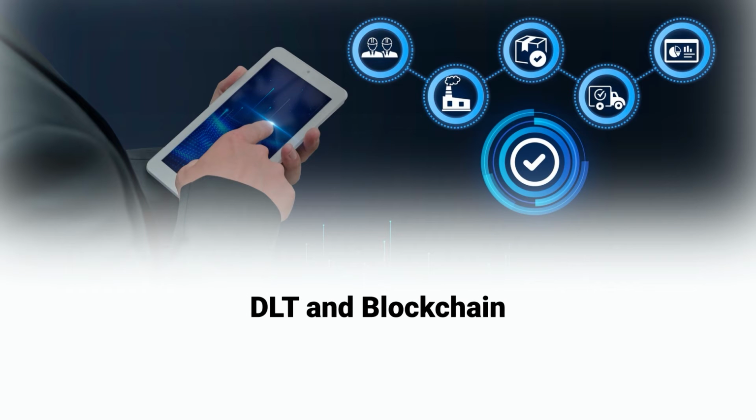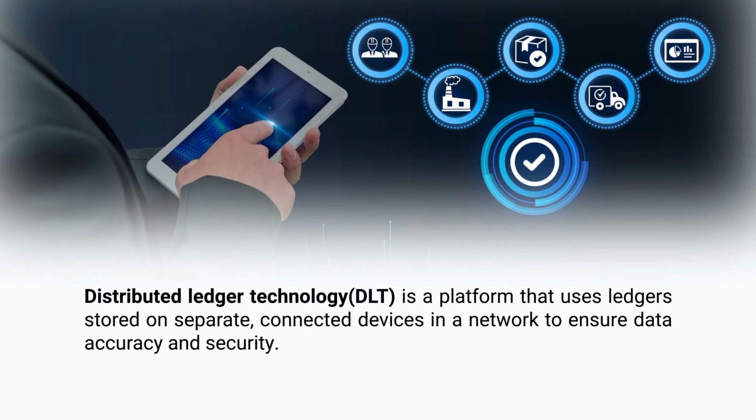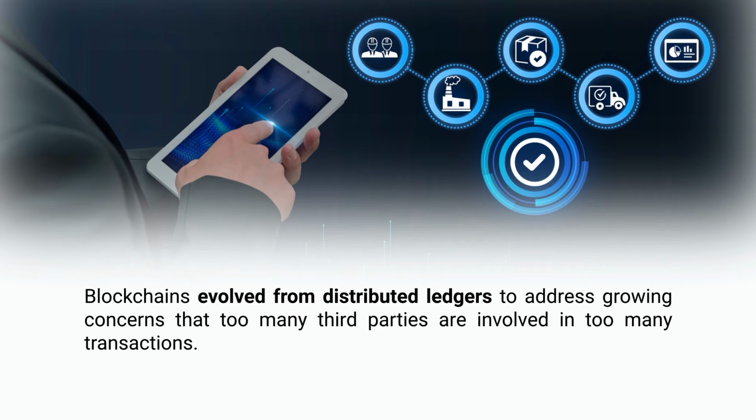DLT is a platform that uses ledgers stored on separate connected devices in a network to ensure data accuracy and security. Blockchain evolved from distributed ledger technology to address growing concerns that too many third parties are involved in too many transactions. You can always compare this DLT with the old physical ledgers that were followed in banks earlier.